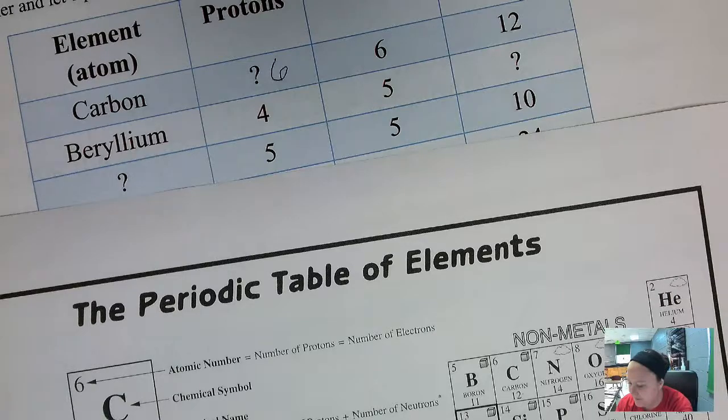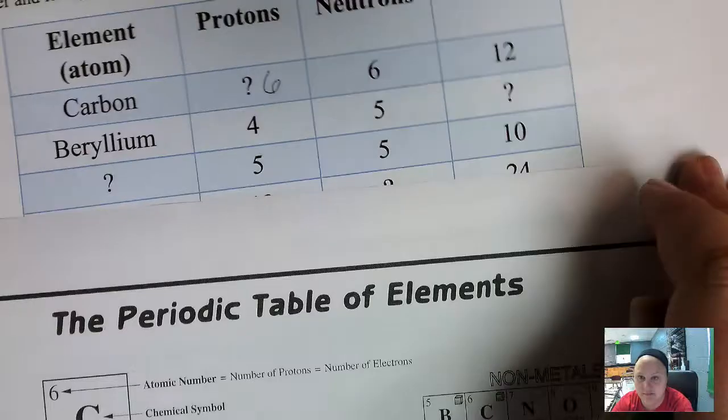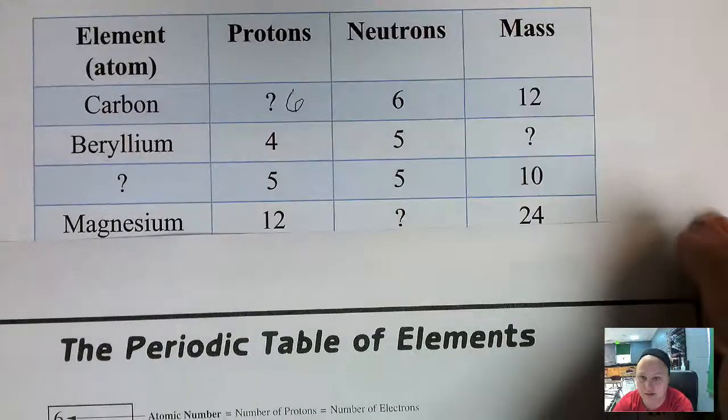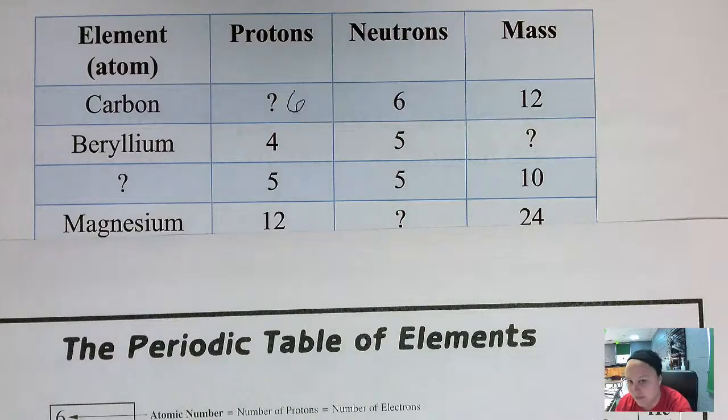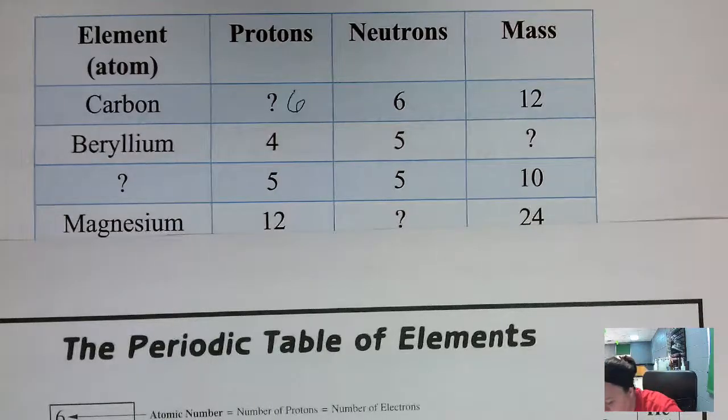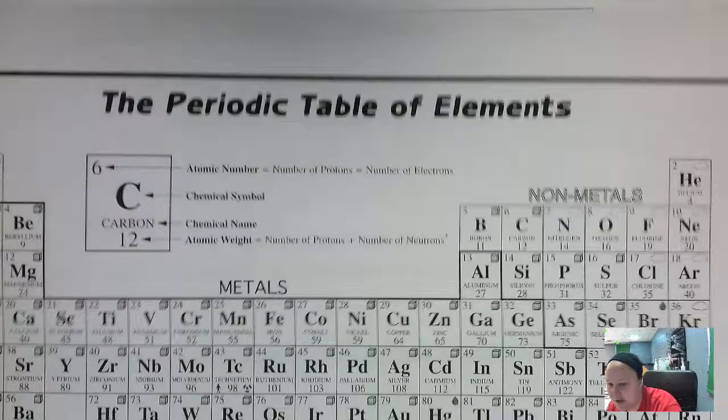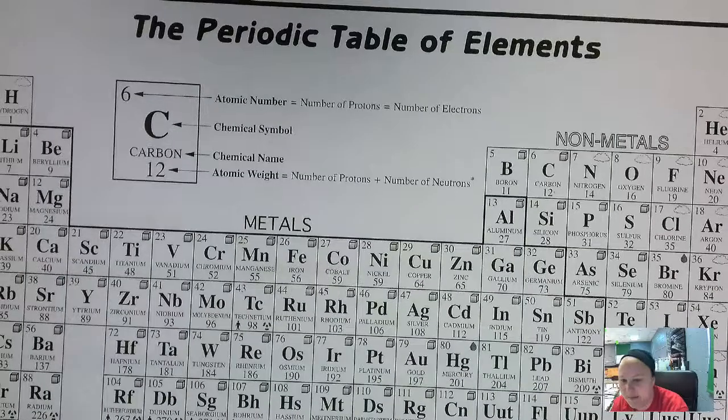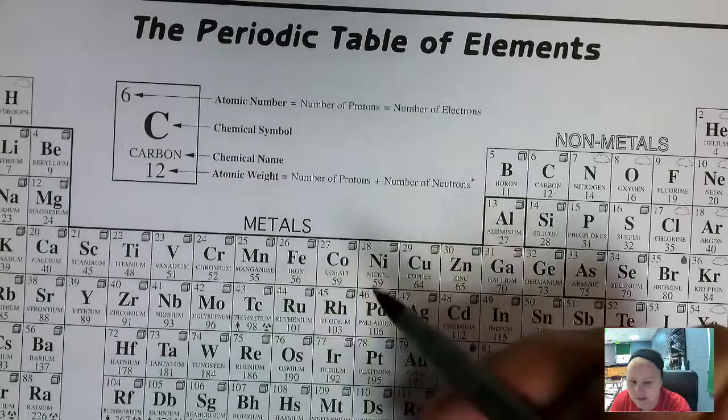The next one wants to know the mass. Sorry, I know this is not on screen. So we've got to look at beryllium, and most of them start with the same letters, and sometimes they don't. And a lot of people ask me, well, why is iron Fe?